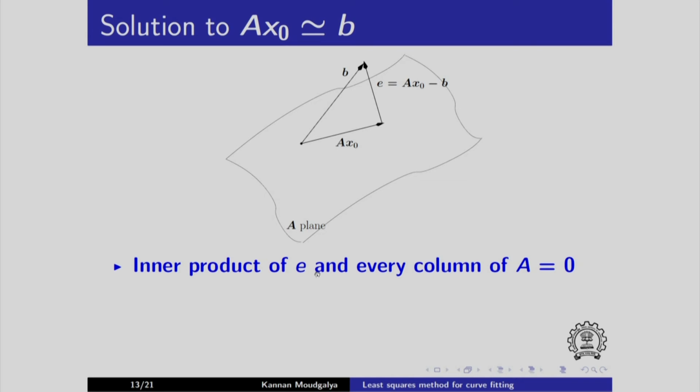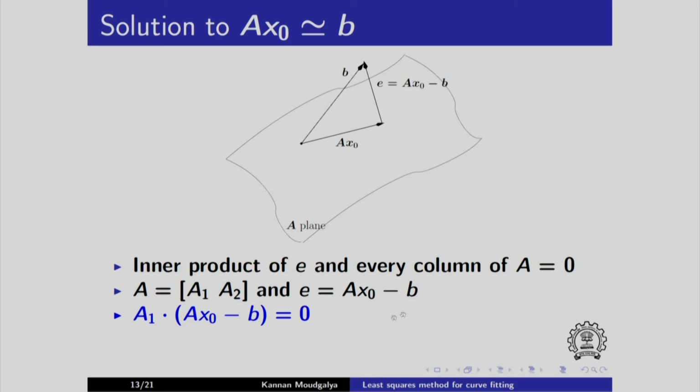Inner product of E and every column of A equals 0, but A equals A1, A2, it has two columns, and E is equal to Ax naught minus B. We can see it in this picture. So we say that inner product of this A1, the first column of A, and the error vector Ax naught minus B equals 0.